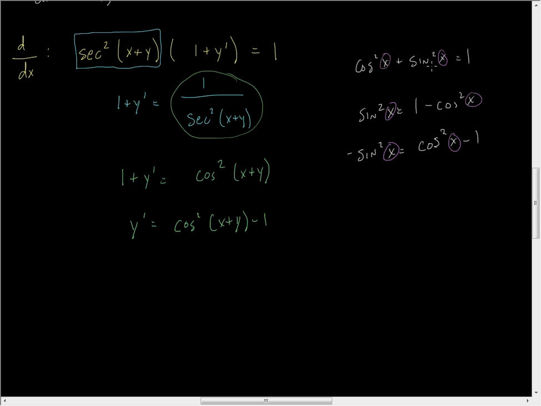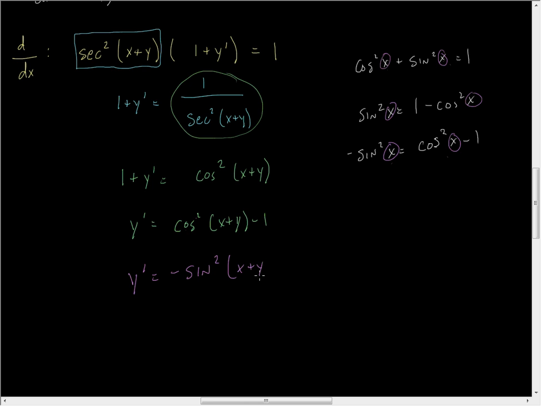Now, these are just incidentals. They could be anything you want inside; the relationship doesn't change as long as everything inside is the same. So anytime we see a cosine squared minus 1, we're going to put a negative sine squared. So we have y prime is equal to negative sine squared of x plus y.